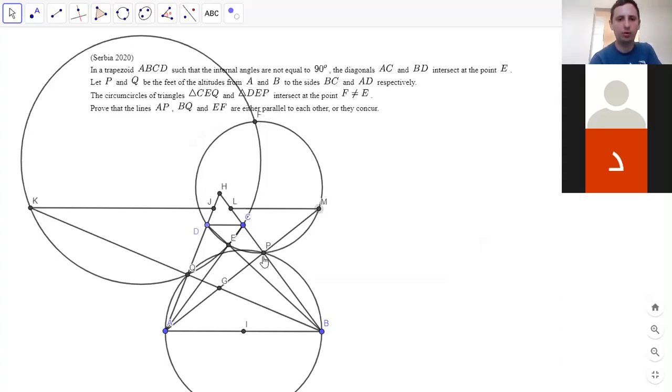I want to show that the sum of the distances from Q to those 2 triangles is the same as what it is for P. I wonder if that's just like a calculation.